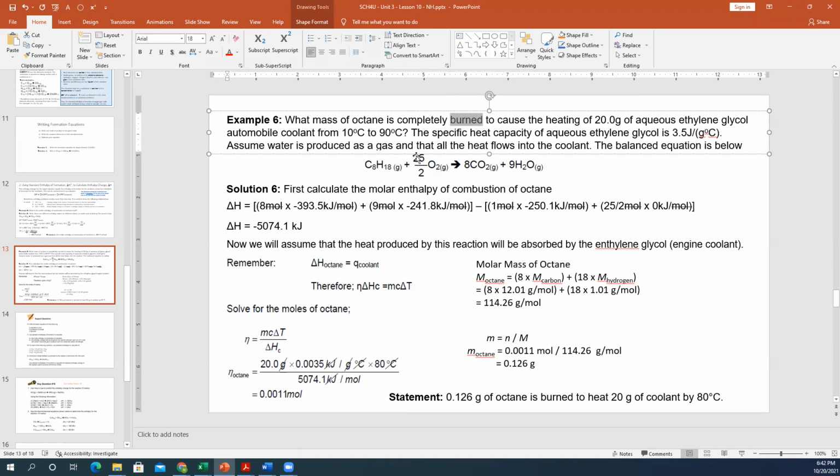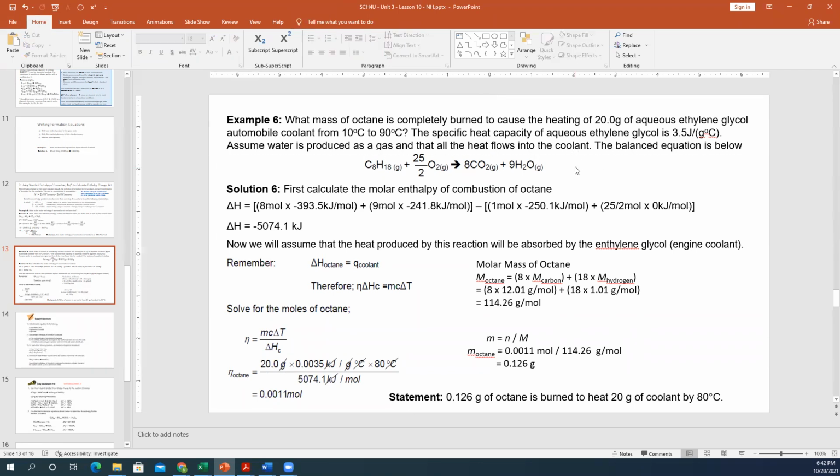And then it's just a matter of writing the right coefficients to make sure your equation is balanced on both sides, making sure that you have as many carbons on this side as you have on that side. You have as many hydrogens on this side as you have on that side. You have as many oxygens on the reactant side as you have on the product side. You balance it out. There you go.